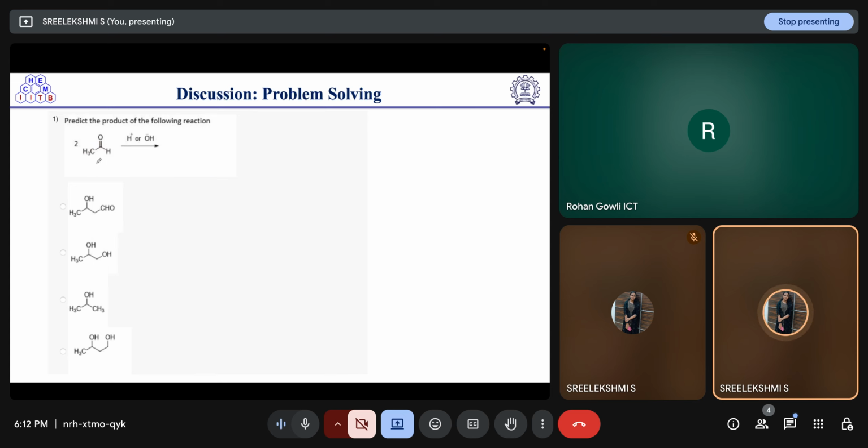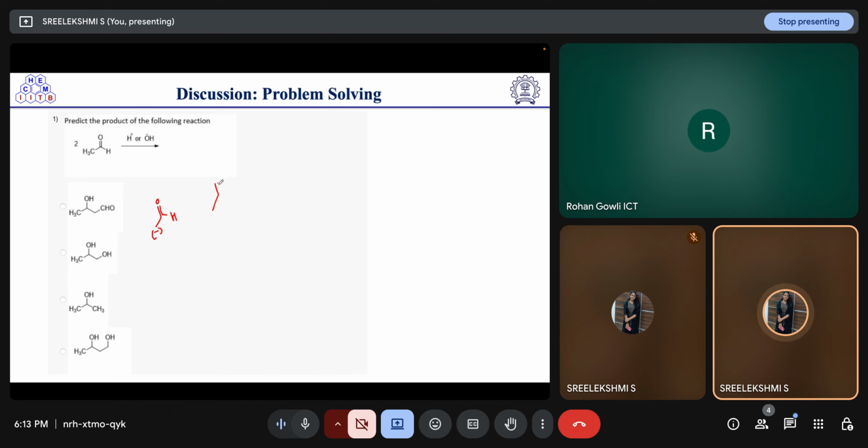Then what can happen if it abstracts the proton from here? A negative charge is created here. Then what can happen? So if you have here double bond O, here H, here a negative charge. We are using two molecules here, right?